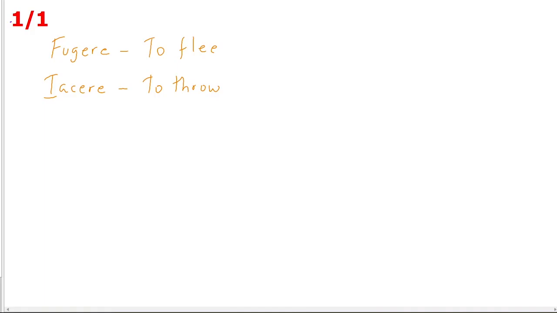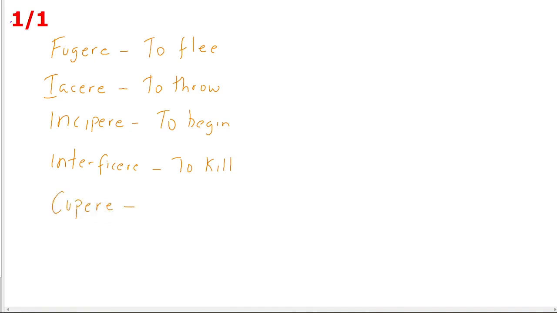Then you have incipere, which means to begin. Facere, which means to kill, and cupere, which means to wish. So this is all for the third conjugation, both regular and IO.